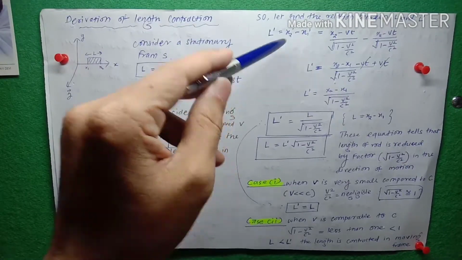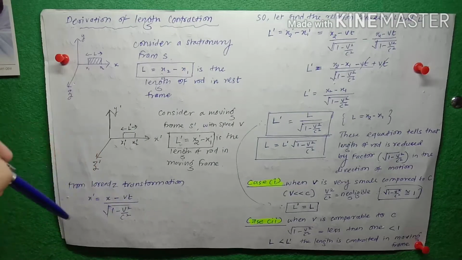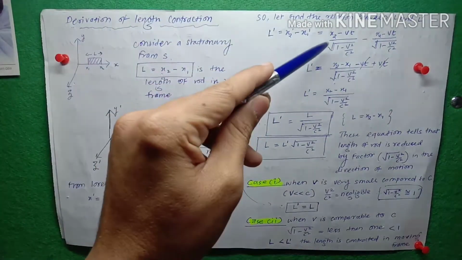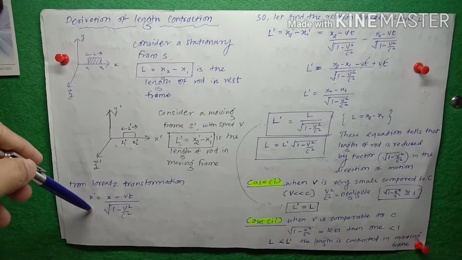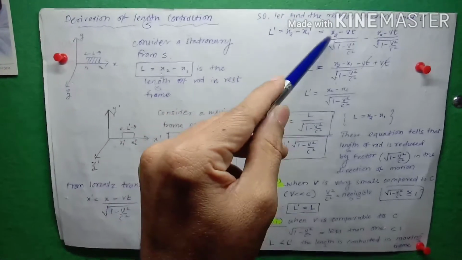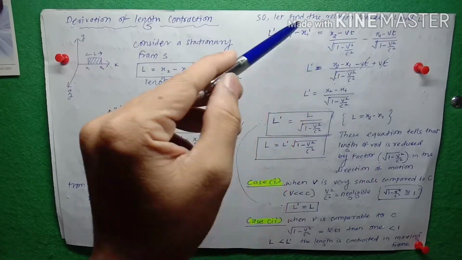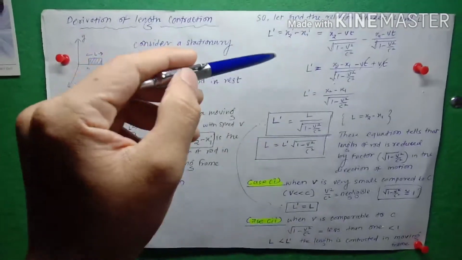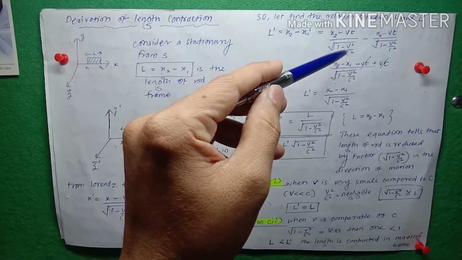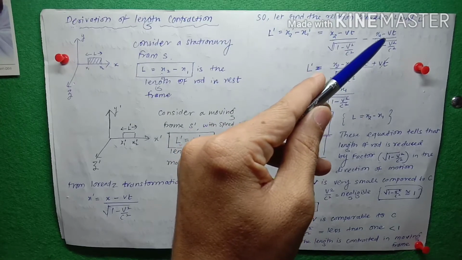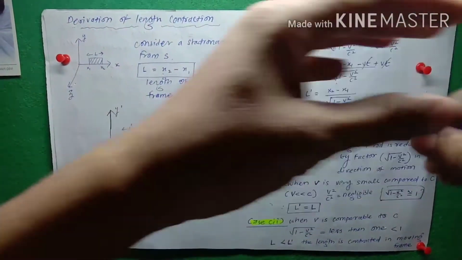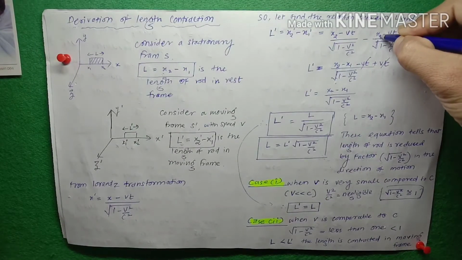After substituting the Lorentz transformation from one frame to the other, we will get this equation. What is x2 dash? By using this equation, x2 dash will be x2 minus vt divided by root of 1 minus v square by c square, minus x1 dash, that is, oh sorry, this is not x2, this is supposed to be x1.